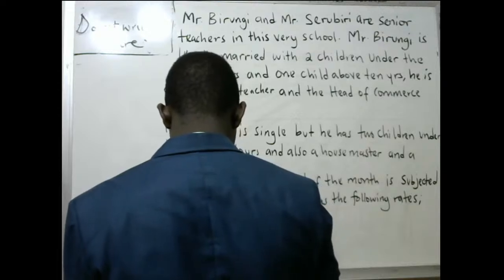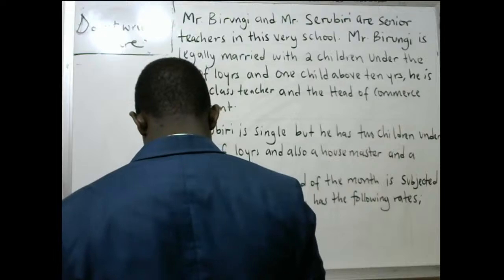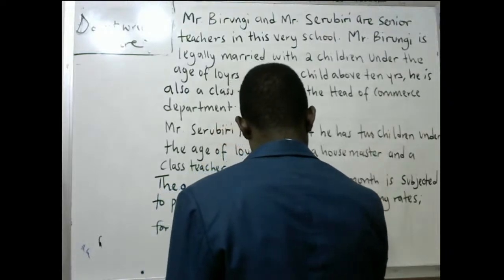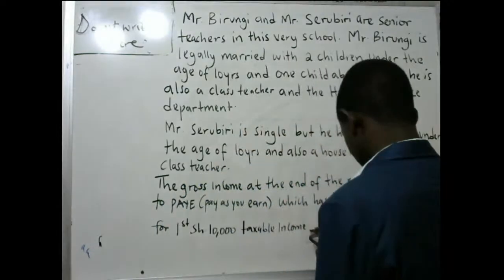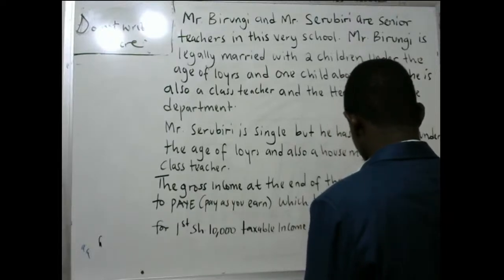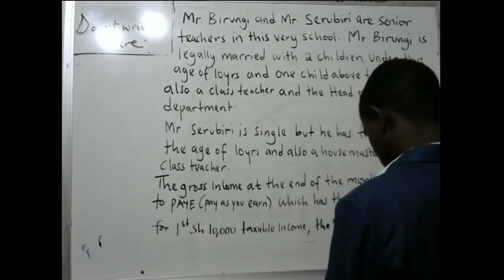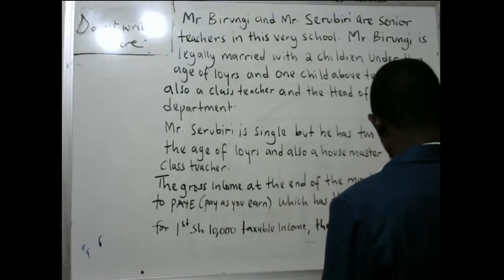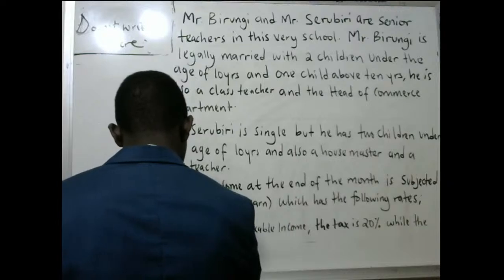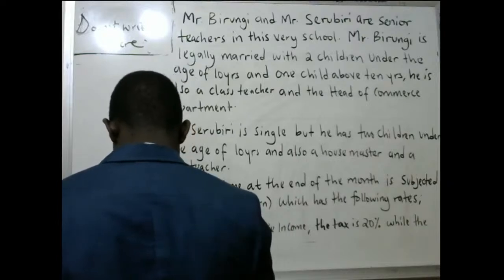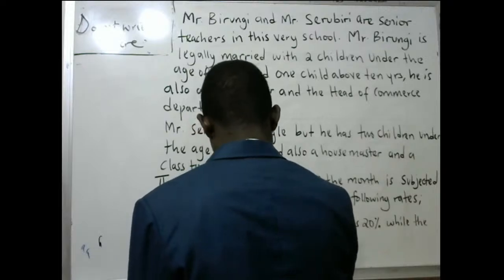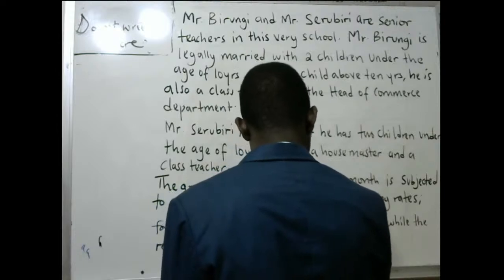For the first 10,000 taxable income, the tax is 20%, while the rest is taxed 15% at the end of the month.